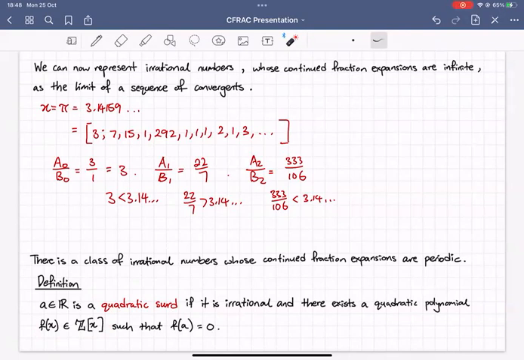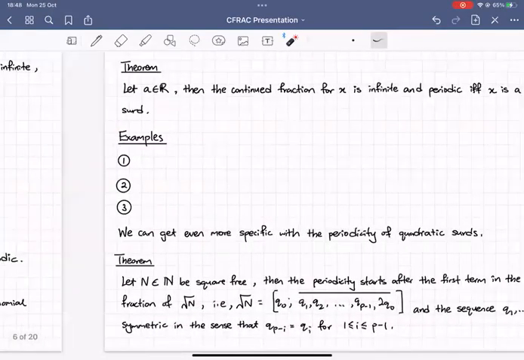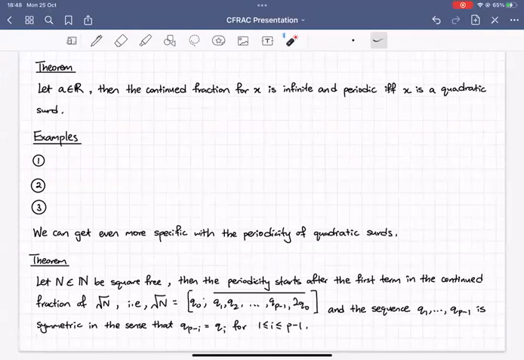So a real number is a quadratic surd if it is irrational, and there exists a quadratic polynomial with integer coefficients such that a is a 0 of that polynomial. And then we move on to this theorem. If a is a real number, then its continued fraction is infinite and periodic if and only if it is a quadratic surd.